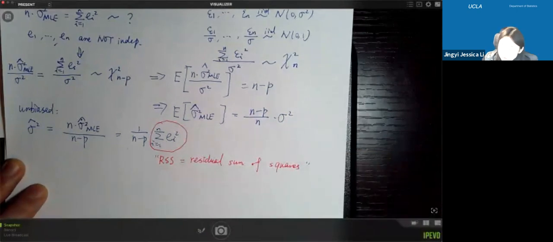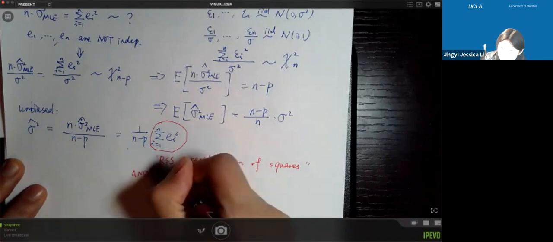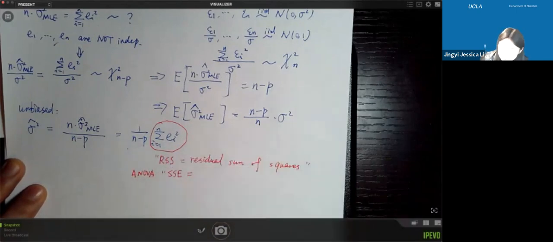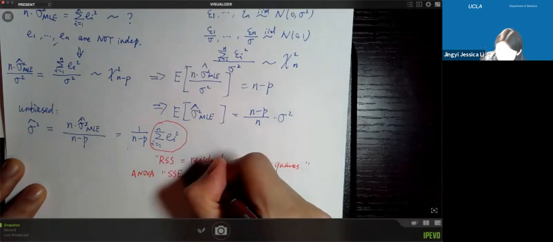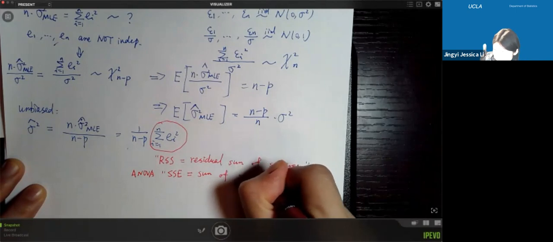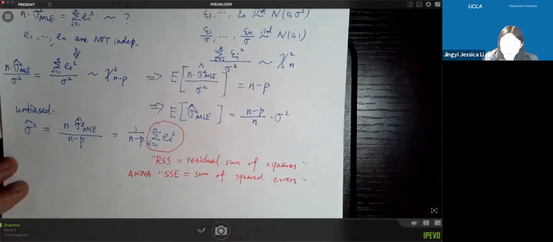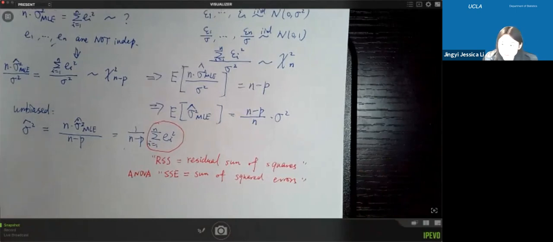Or in the ANOVA table, this is going to be called SSE, which stands for sum of squared errors. They're just 2 different names for the same quantity. Basically you take the square of residuals and you take the sum.